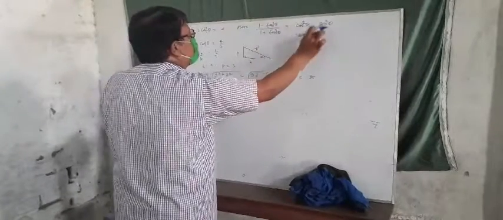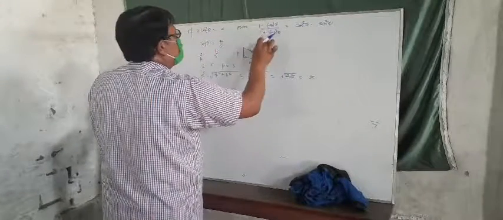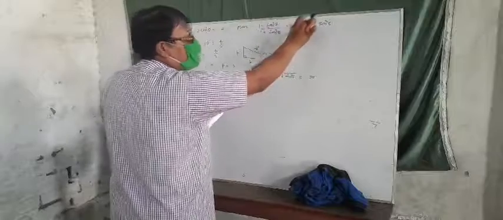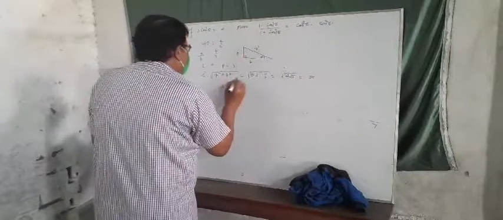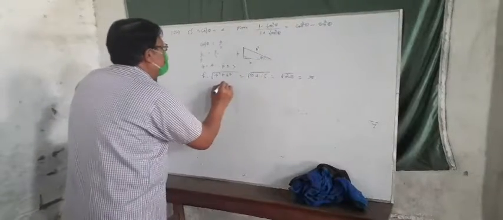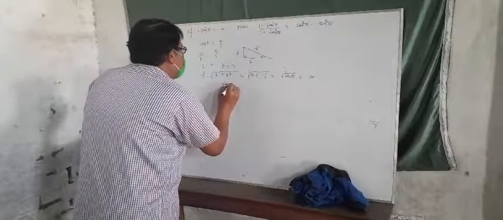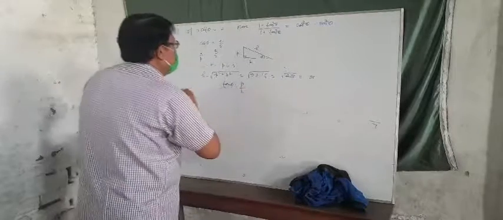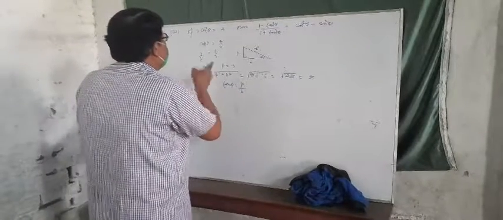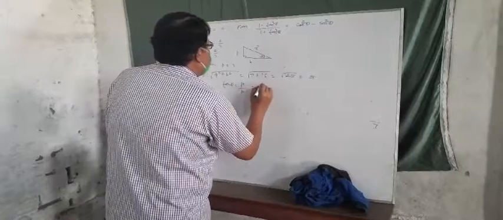Now we will find the value of tan theta, cos theta and sin theta, because tan theta, cos theta, sin theta are involved here. Tan theta, as we know, is P by B. Here P is 3 upon 4.